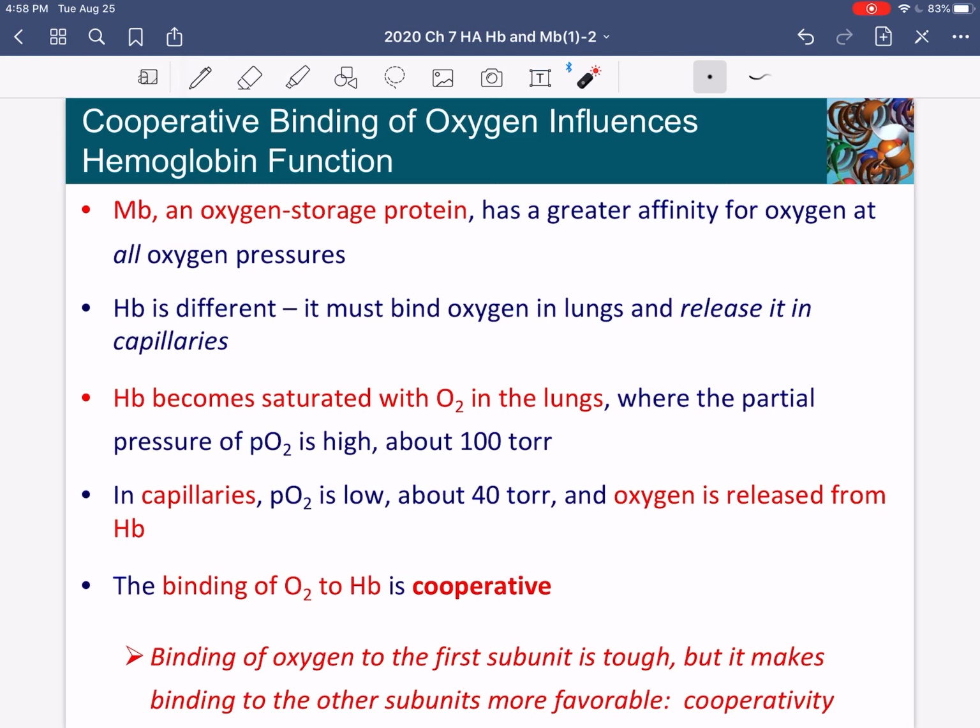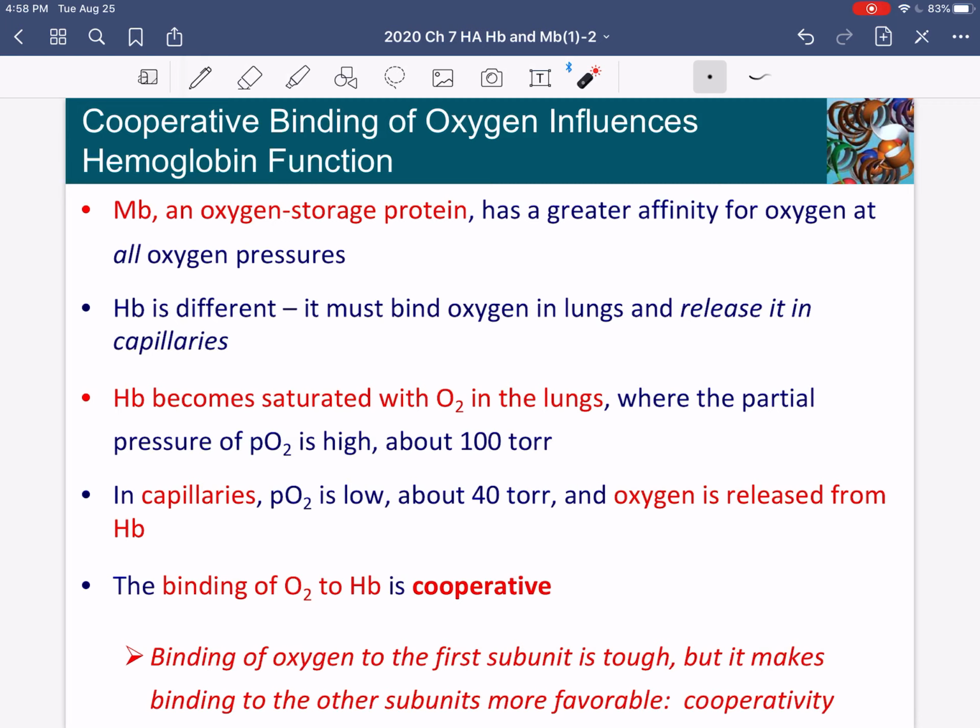It's very hard for the first oxygen to bind. Remember, we're going to have 4 oxygens ultimately, 1 per subunit of the tetramer. But once you get to high enough oxygen concentrations, at the artery lung interface, there's enough high concentration of oxygen molecules to force the binding, to push the oxygen onto one of those subunits.